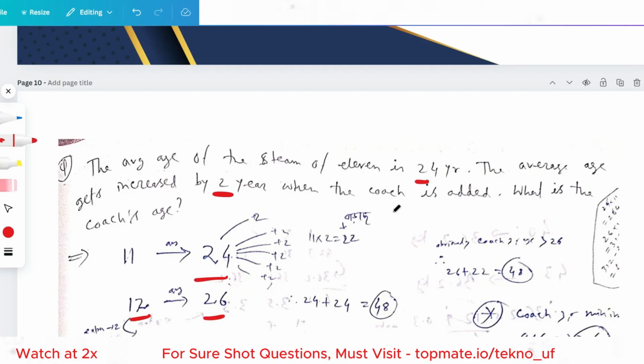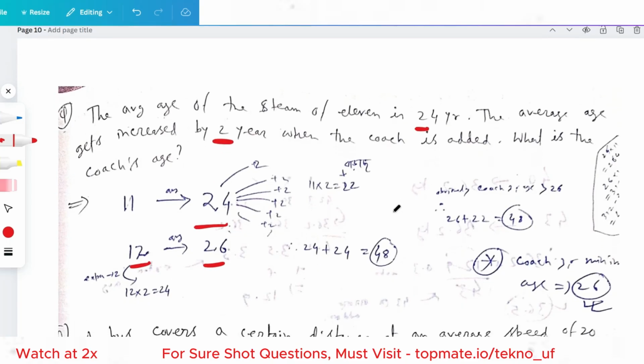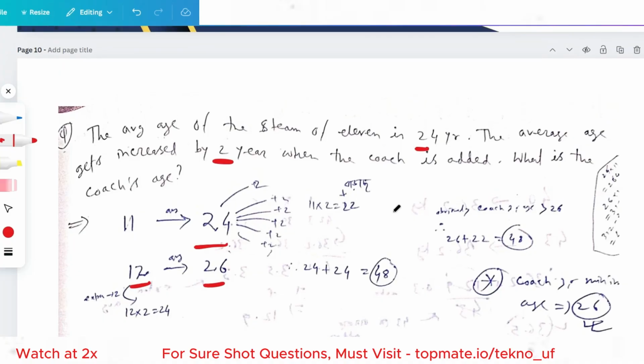But there is a very simple solution for that, the same formula we covered in the beginning. One member is added and the average increased by 2.